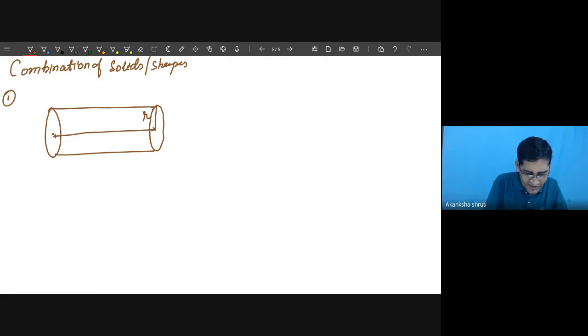The height, this one is the height. Now at the end of this cylinder, there is a sphere. Means the sphere is connected at the end of this cylinder.